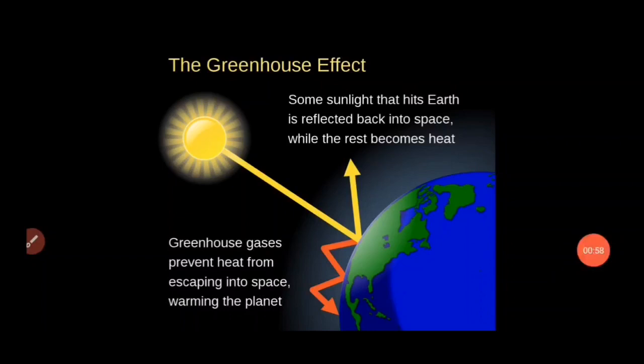Certain gas molecules present in the atmosphere absorb the infrared rays and again re-radiate the heat in all directions. Hence these gases maintain the temperature of the Earth's atmosphere. These gases which absorb radiation are called greenhouse gases, and the effect is known as the greenhouse effect.